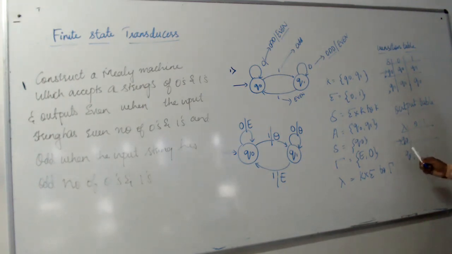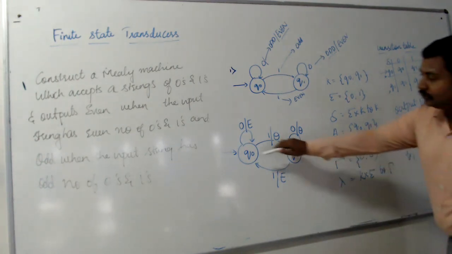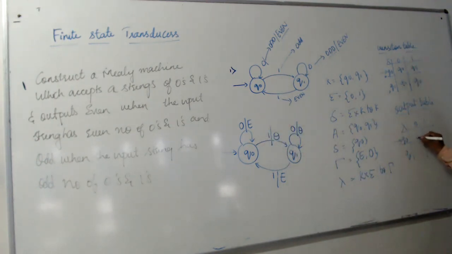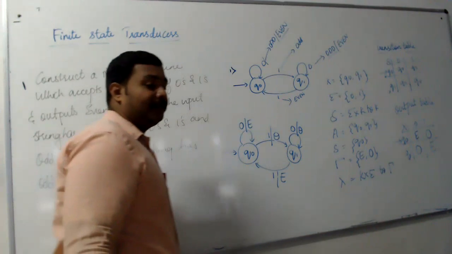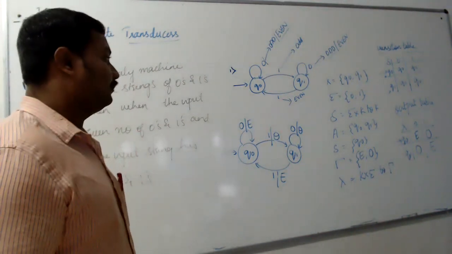Q0 on 0 it is even, Q0 on 1 it is odd, right? Q1 on 0 it is odd, Q1 on 1 it goes to even. So this completes your Mealy machine.